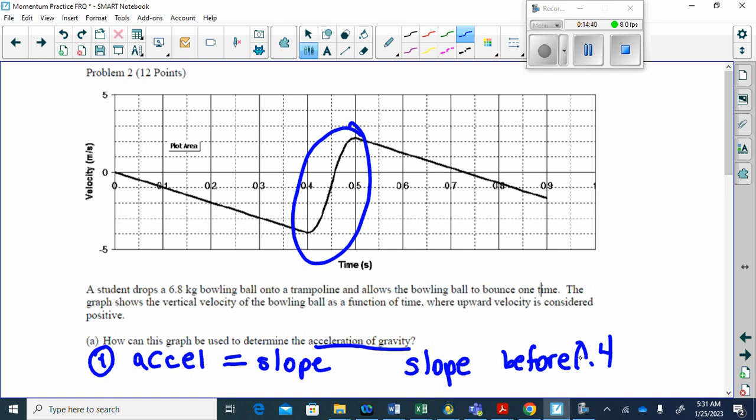But after 0.5, that's 0.5. After 0.5 seconds. So if you said before 0.4 seconds or after 0.5 seconds, find the slope, you have both points to part A.